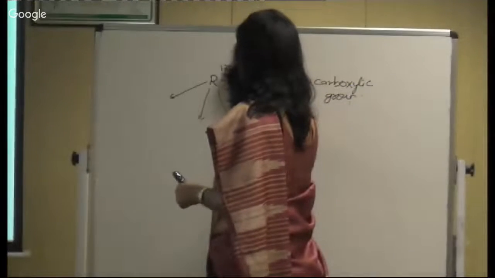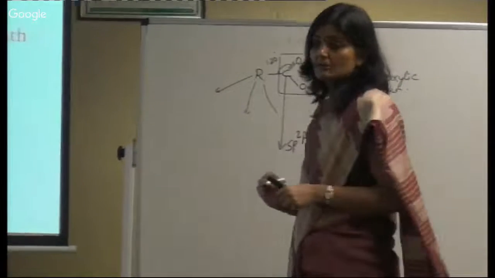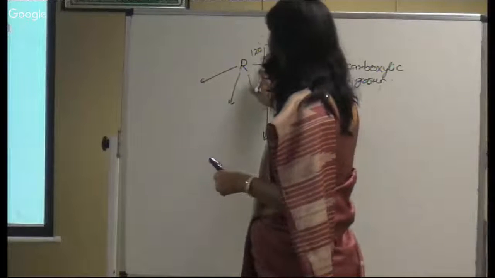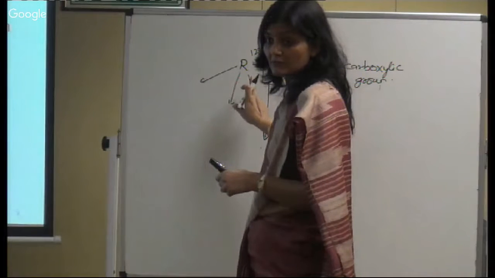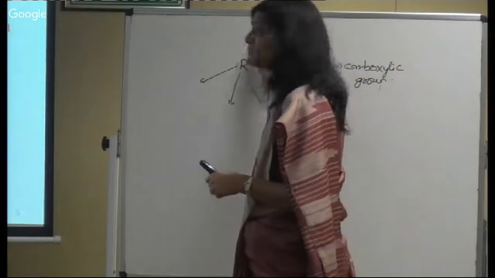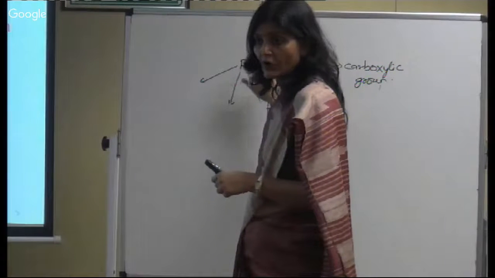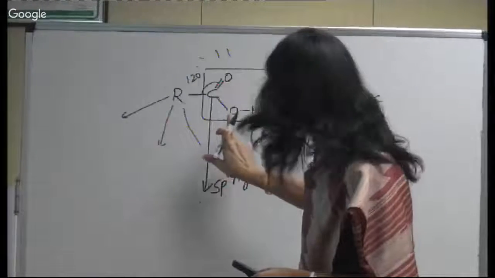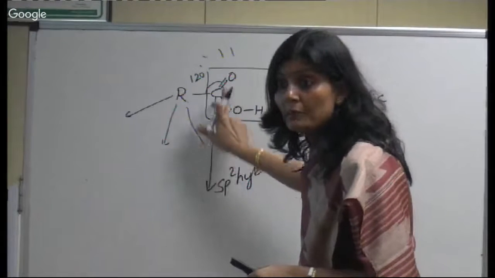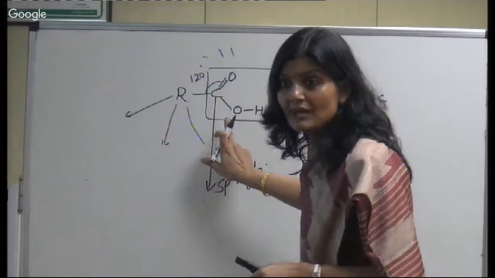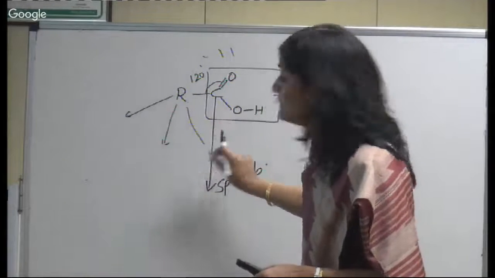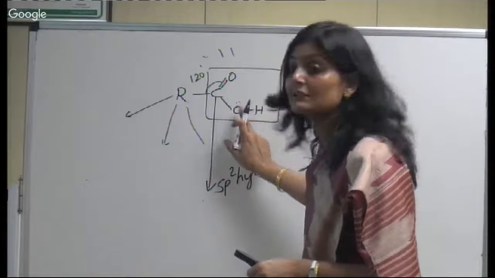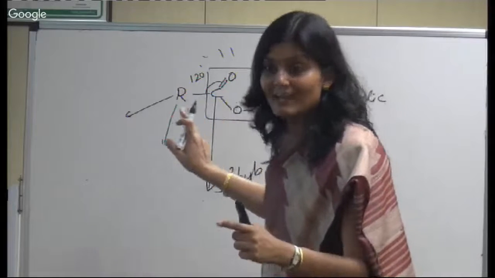It is a planar molecule. The 2p orbital on carbon overlaps with the 2p orbital on oxygen to form the pi bond. And also the 2p orbital on carbon can overlap with the lone pair orbital on the oxygen of the hydroxyl group. That is why the lone pair of electrons on this oxygen can get delocalized.